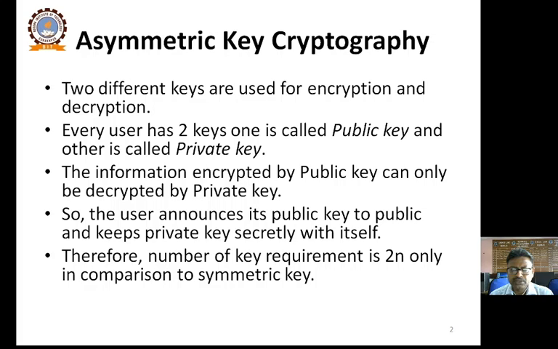Every user has two keys. One is public, another is private. The user makes the public key public. So anybody who wants to communicate with A will use A's public key to encrypt the message, and will send it into the network.